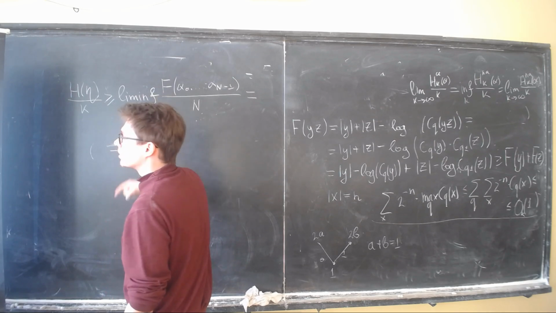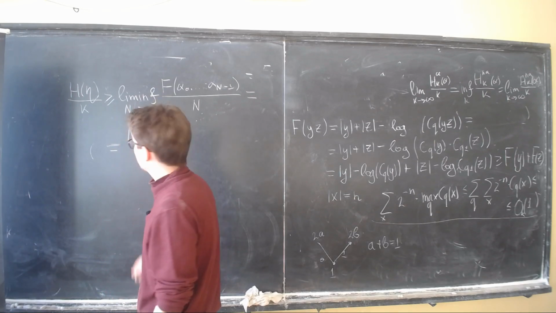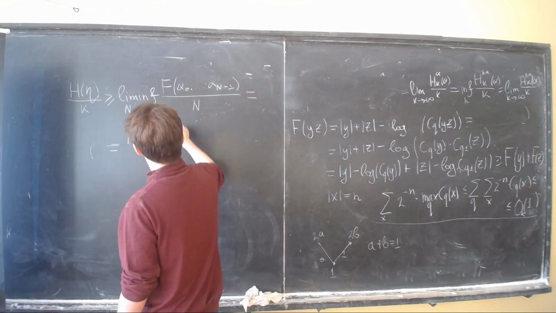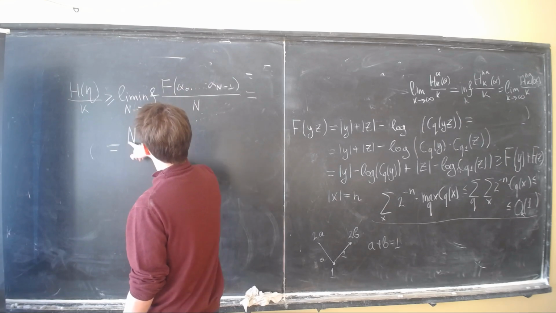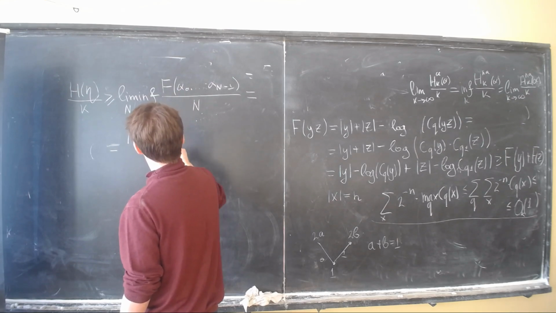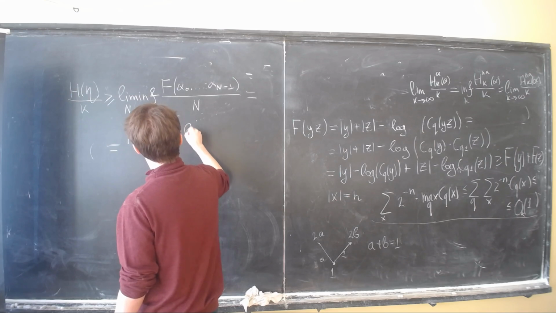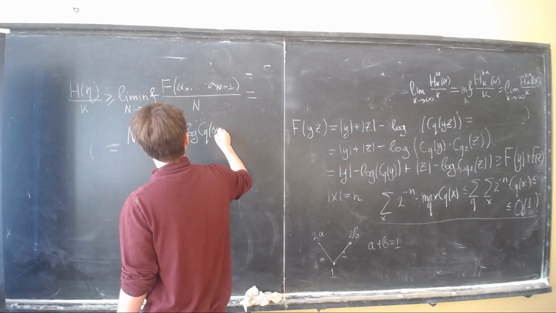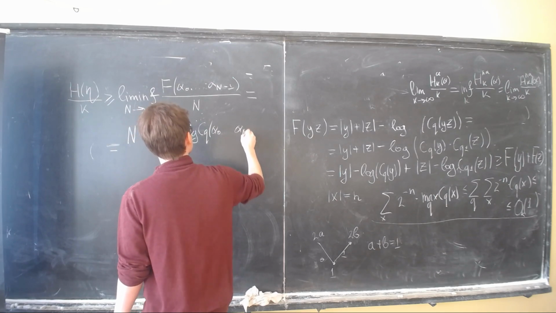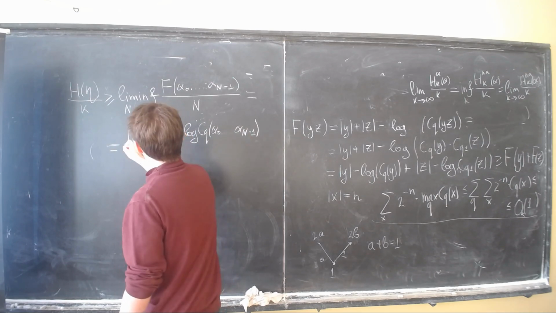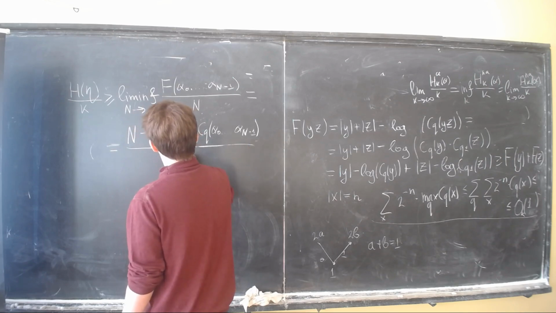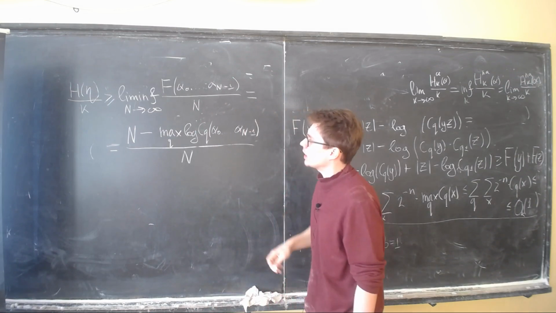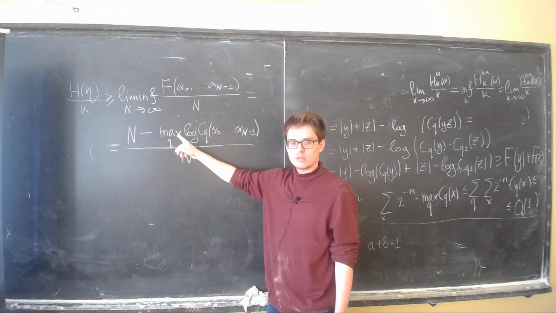So what is it? In the numerator we will have n minus the max over all states of the log of the capital. But now I want to forget that here I have a max.